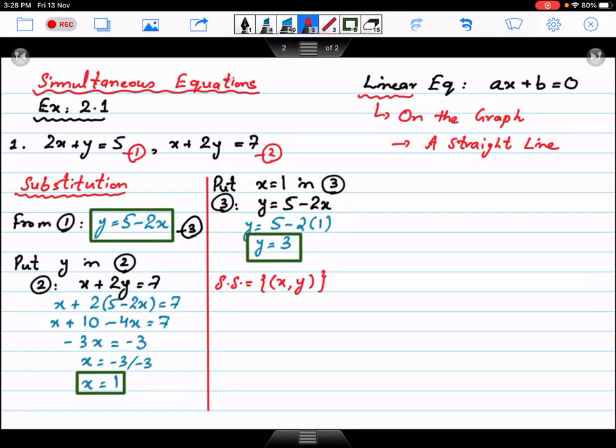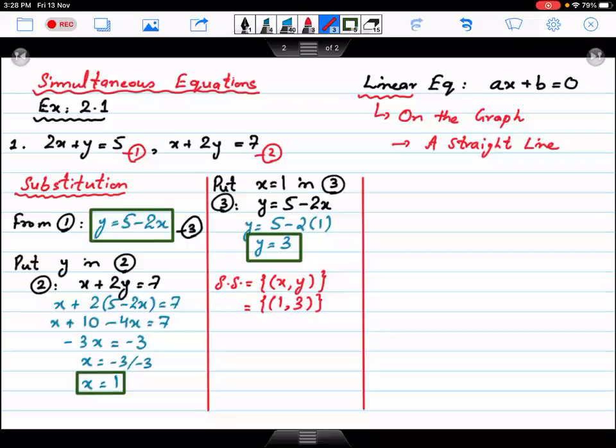It's not written here in the book, but it is a method to show the answer. So I can write 1 comma 3. That means the value of y, 3, is coming out when the value of x is 1. Is there any problem?